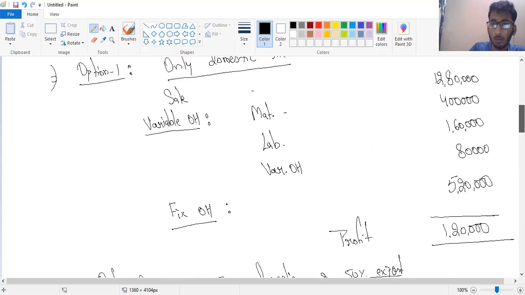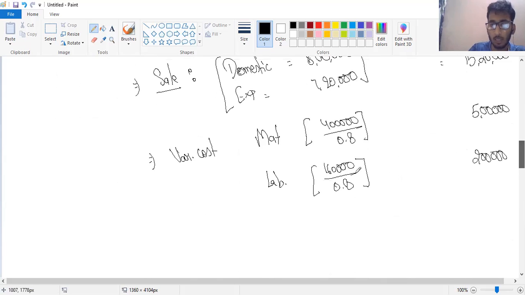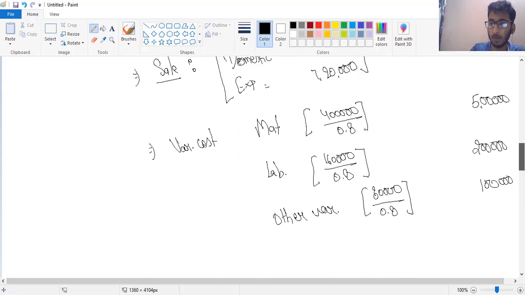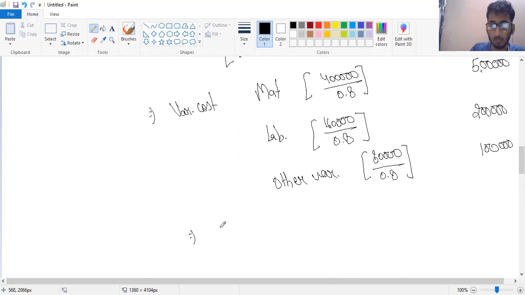And for other variable overhead, if 80,000 is 80%, what would be full? The full would be 1 lakh. And the fixed overhead would be 5 lakh 20,000.